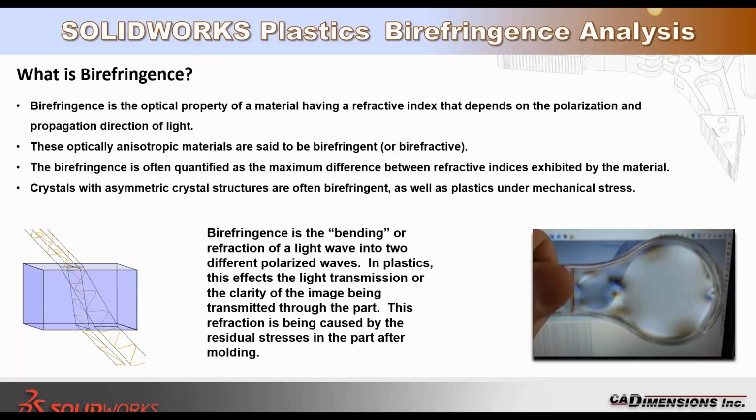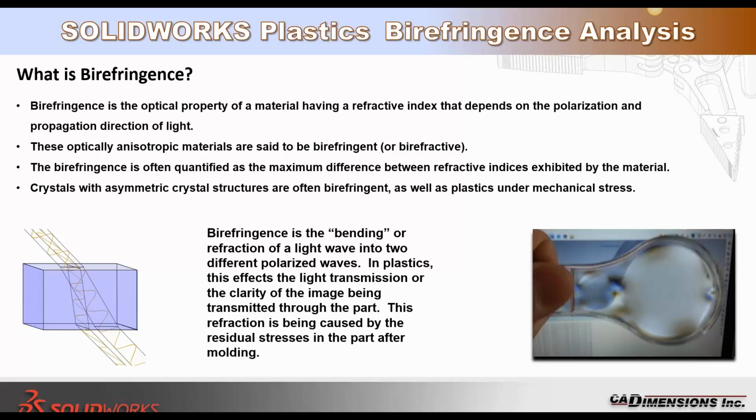And within the warp analysis, you'll be able to see the combination of thermal induced birefringence as well as residual stresses, birefringence caused by residual stress, and as well as the combination of those two. So it actually gives you more information than you can find in a physical environment, which then allows you to better dissect and evaluate which areas might be better for you to set up physical properties.